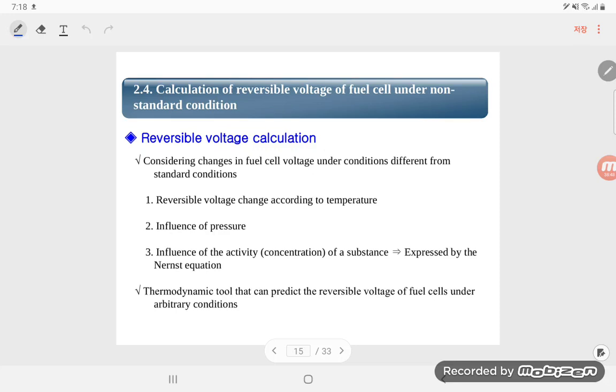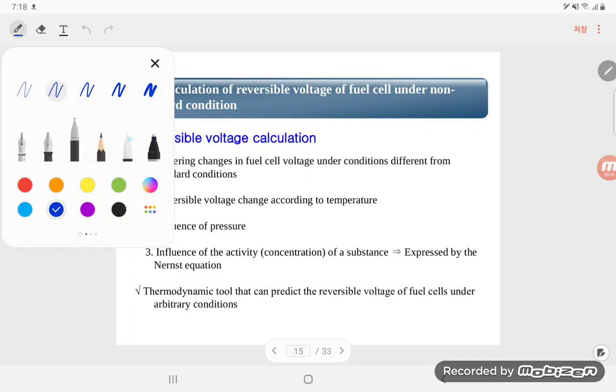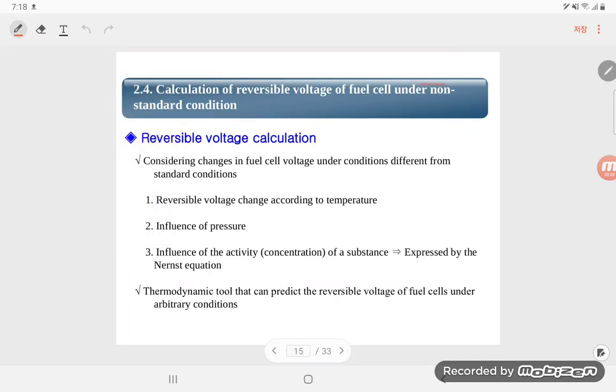Okay, then let's move on to the next concept and next subject, the calculation of reversible voltage of fuel cell under non-standard condition. Okay, non-standard condition. Until now, we have considered only the standard condition, right?